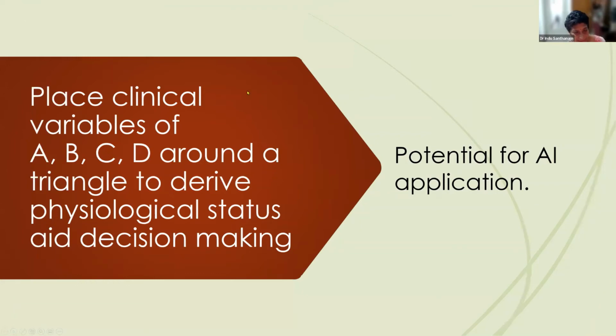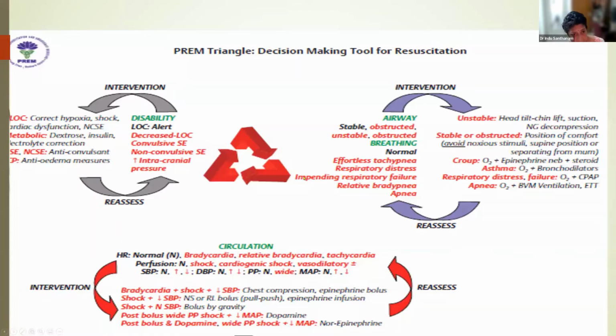Now, all these variables that I described earlier, the airway, breathing, circulation, and disability, are fitted around a triangle to derive physiological status, and that aids decision making. So here is a triangle. Here, if the airway is not okay, we do a set of maneuvers. If the breathing is not okay, then we initiate positive pressure ventilation.